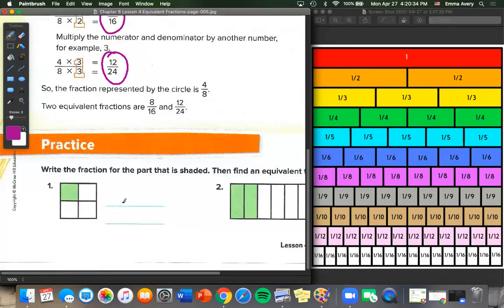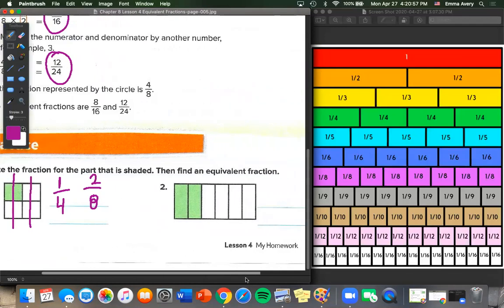So there are 4 pieces and 1 is colored in, so that's our 1 fraction. And we can also, if we divide each one of these in half, and then we have 1, 2, 3, 4, 5, 6, 7, 8 pieces, 2 are colored in. So 2/8 is equivalent. That's another way of doing this.